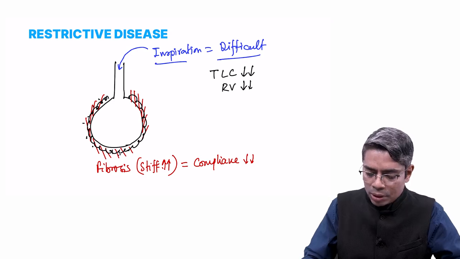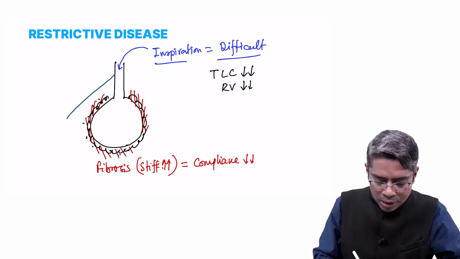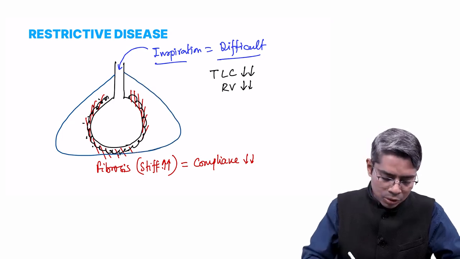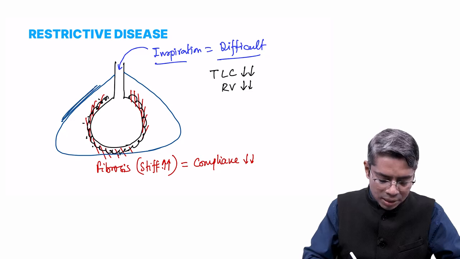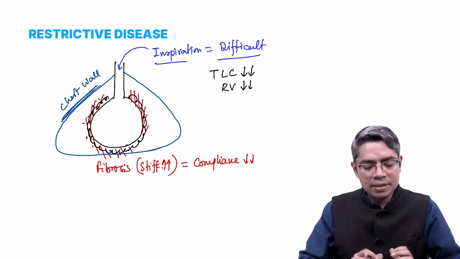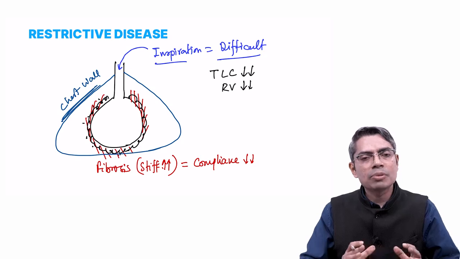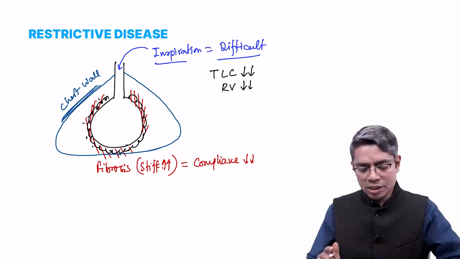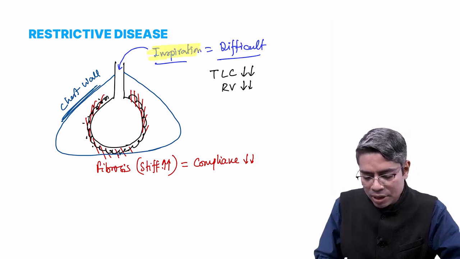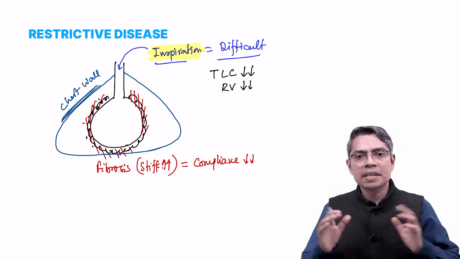But you also know that the restriction can also happen from the thoracic cavity or from the chest wall. So suppose this chest wall is hard. Suppose this chest wall is deformed, the chest wall is stiff, there is ankylosing spondylitis, there is kyphoscoliosis, or suppose the muscle is paralyzed. In this condition also, the inspiration is going to be restricted, because whenever you try to take a deep inspiration, there will be restriction.